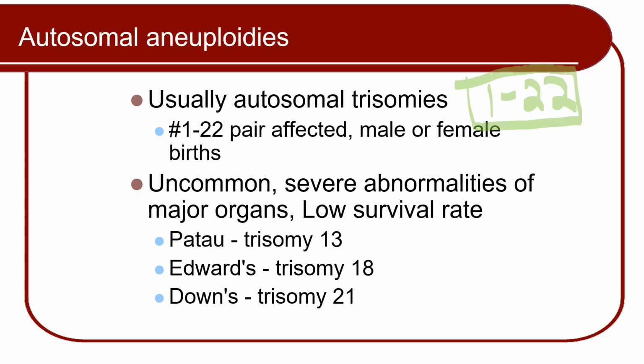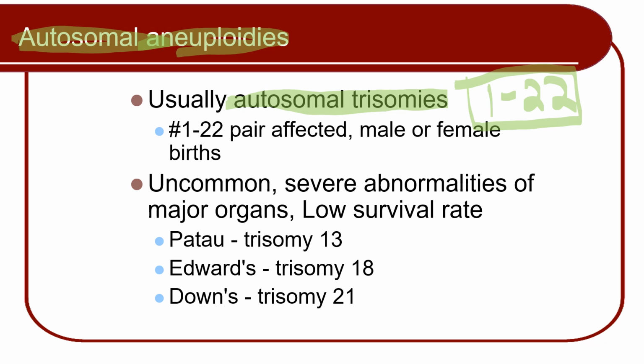And there are a few autosomal trisomies that can result in a live birth, but not that many. In most cases, an autosomal aneuploidy, to use the right terminology, which is an abnormal number of autosomal chromosomes, does not result in a live birth.